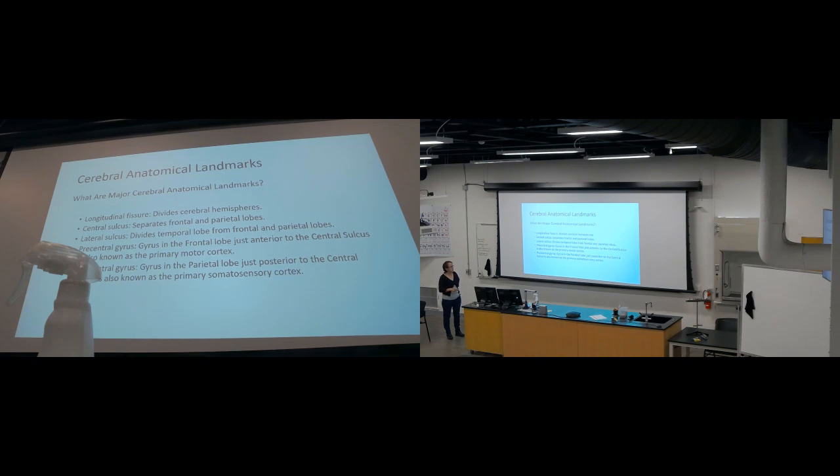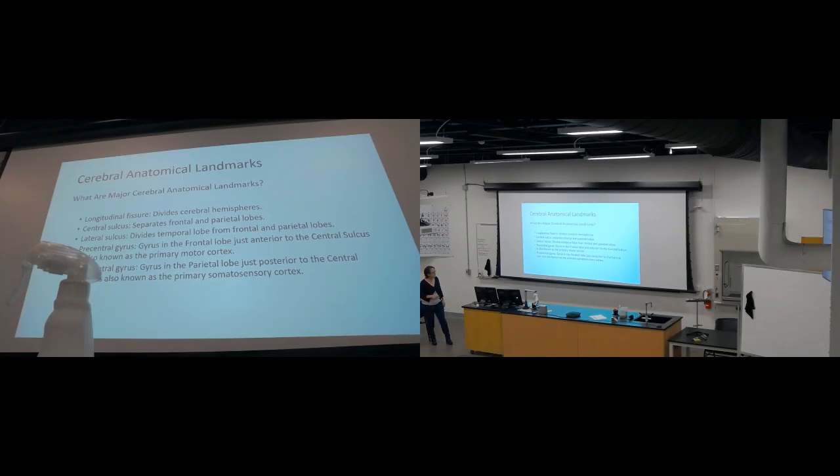The precentral gyrus is the gyrus anterior to the central sulcus. This is where we have an area of the brain called the primary motor cortex. So we plan our body movements in the frontal area, and then we send a signal to this primary motor cortex in the precentral gyrus so that we can execute that movement.